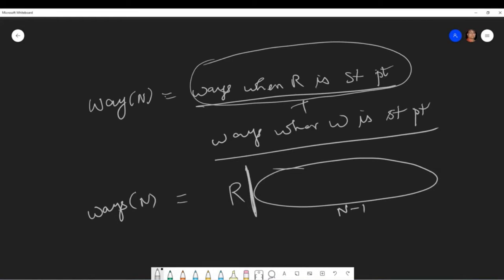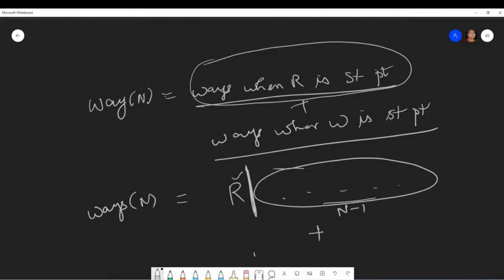How many ways are there to fill white or red roses in the remaining n minus 1 places? Is it a smaller instance of the same problem? Yes. So all the ways that start with R come like this.